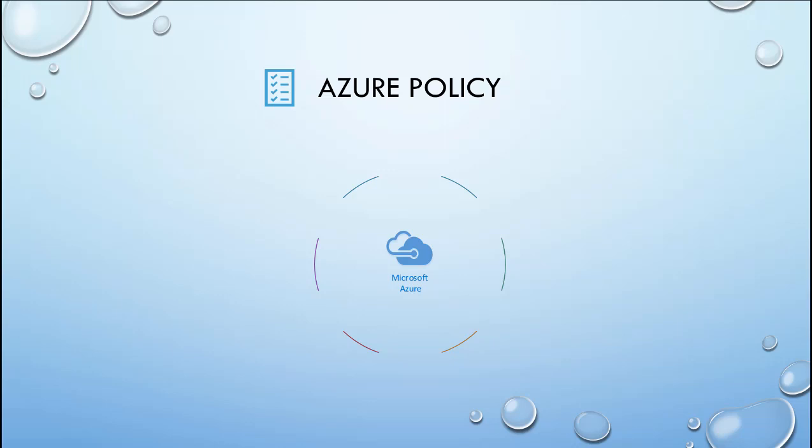If we look at the overview of management services in Azure, we can notice that management of Azure resources is divided into 6 areas. I'm going to paint a picture here.